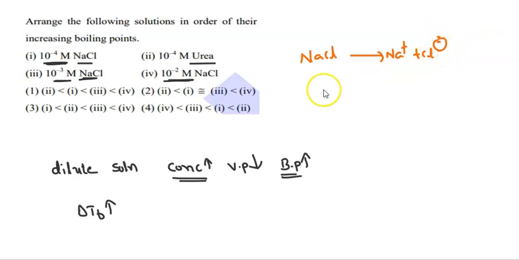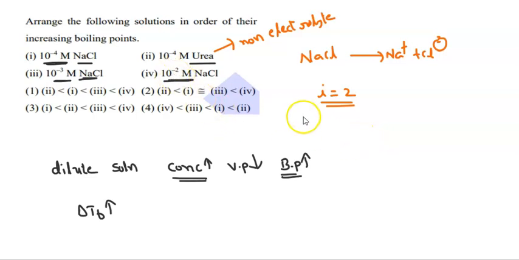That's why the van't Hoff factor for the NaCl-containing dilute solutions can be taken as 2. But urea is a non-electrolyte.